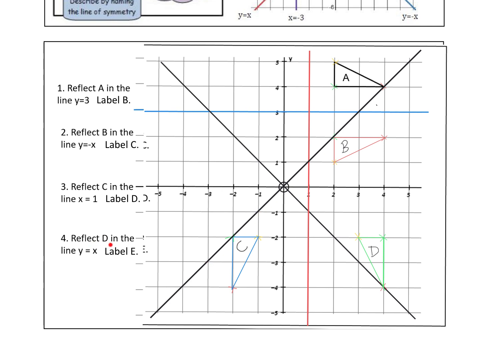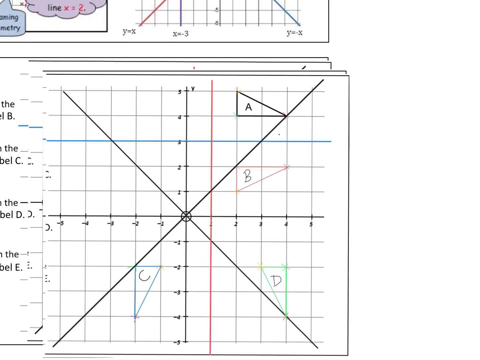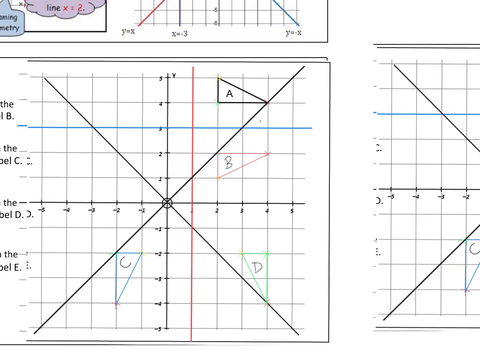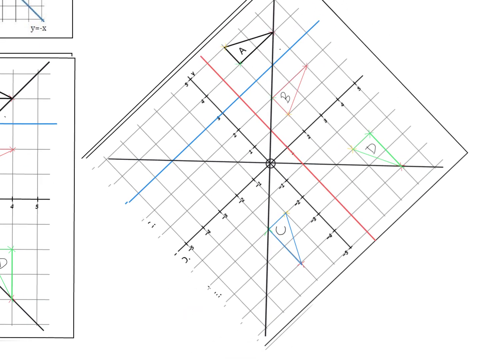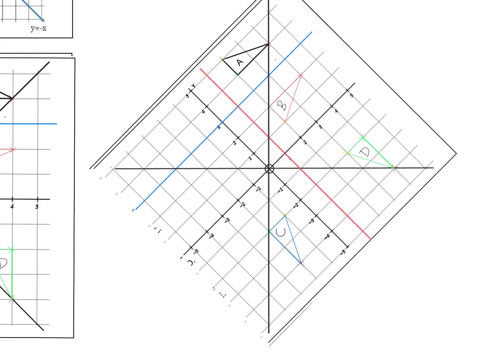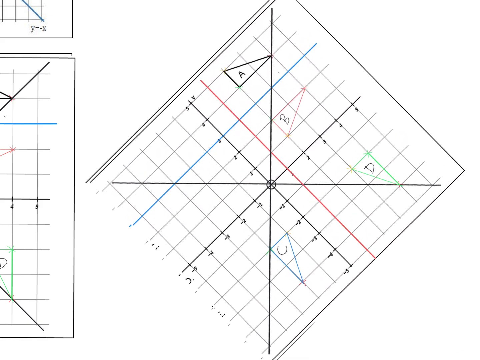Okay, I'm going to reflect D in this line here. So to do that, I'm going to rotate around this. Do it over here. Okay. So I've got my mirror line y equals x. I've got it vertical.